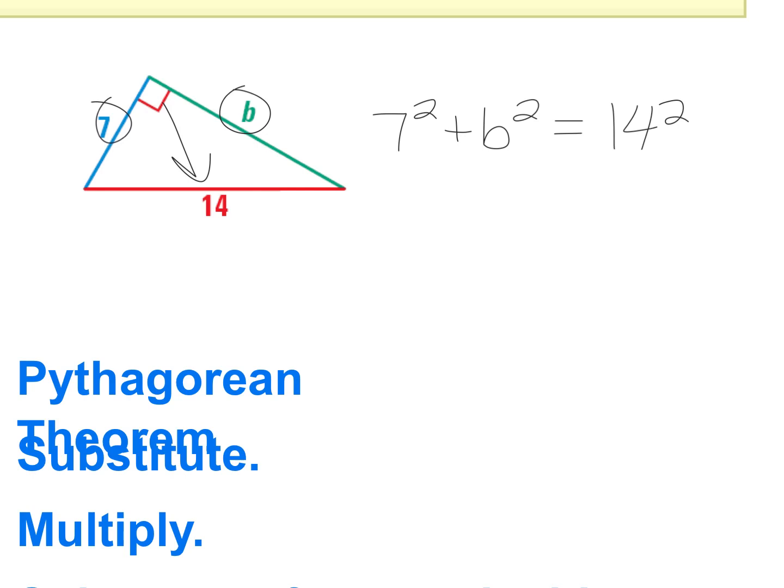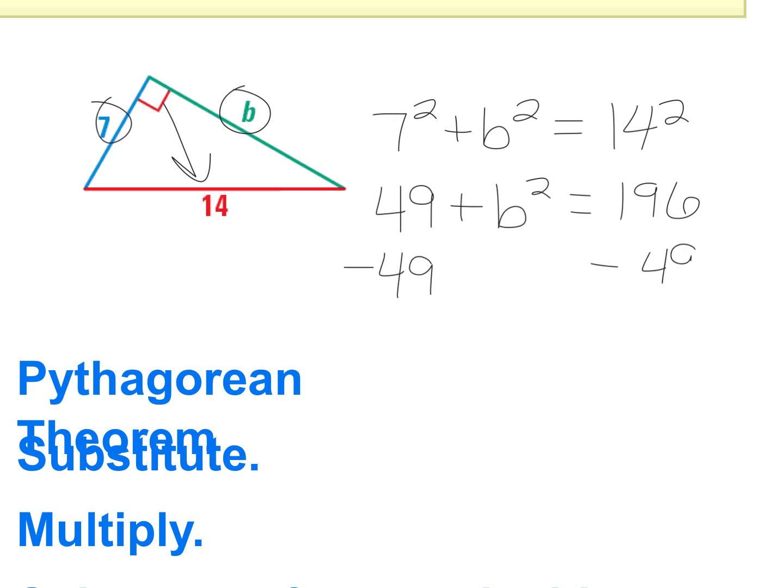What's 7 squared? 49. B squared stays as b squared. What's 14 squared? 196. Okay, now it's just an algebra problem we're solving. How do I solve for this here? Minus 49. What's 196 minus 49? 147.